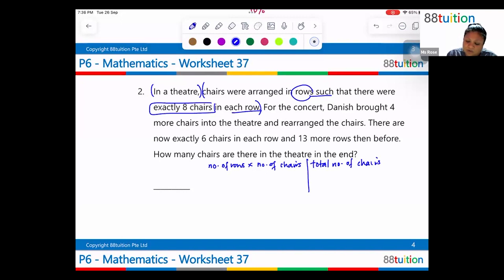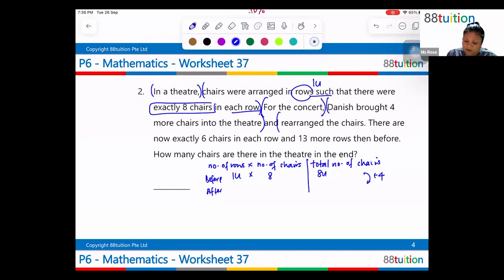Since we do not know how many rows there are, I'm going to put it as 1 unit. So if there are exactly 8 chairs in each row, there's a total of 8 units of chairs. Now, for the concert, Danish brought 4 more chairs into the theater. So, before and after: after is you plus 4 more chairs, right?